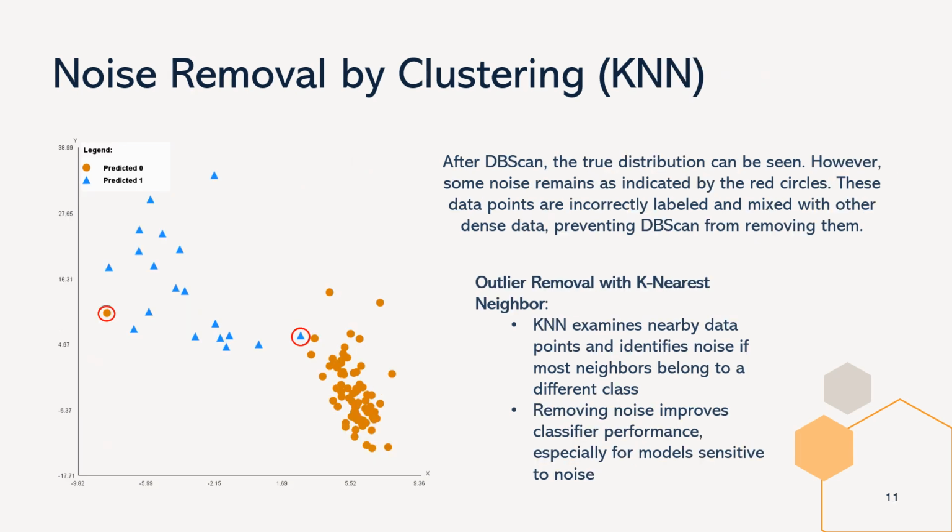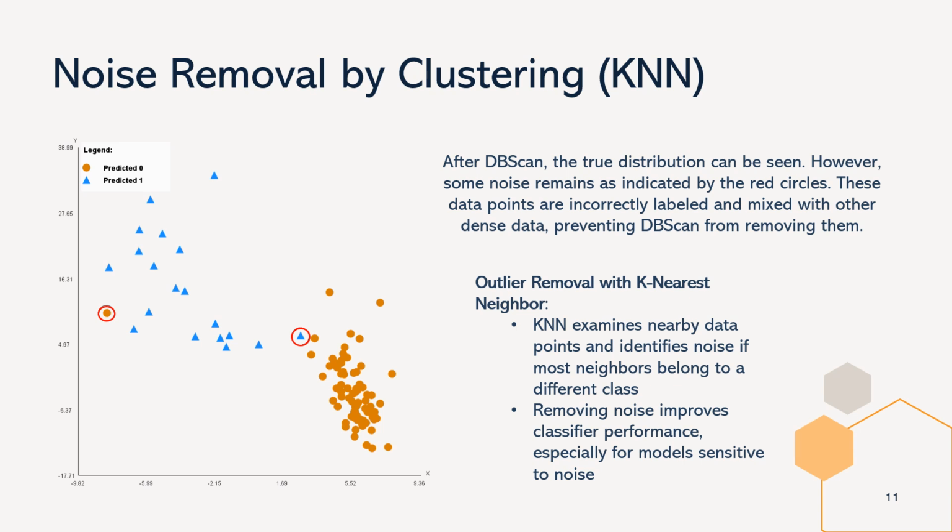So after DBSCAN, the true distribution of the graph can be seen. However, there is still some noise that remains, as indicated by the data points in the red circles. These data points are a different type of noise because they were mixed in with the other dense data, and that prevented DBSCAN from removing them. To solve this issue, I applied KNN, or K-nearest neighbor, which identifies noise based on the surrounding points.